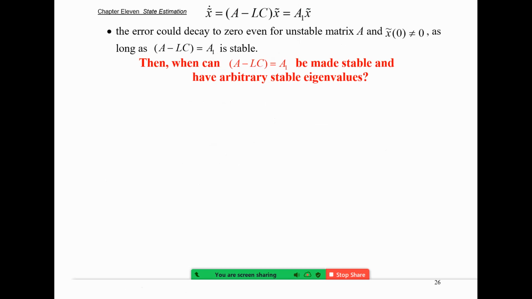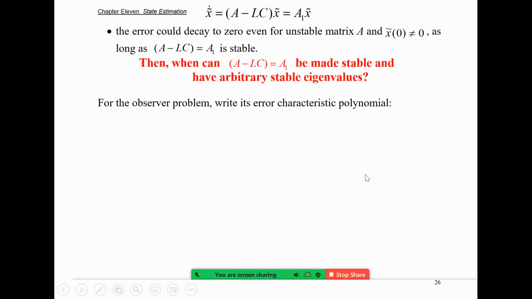Of course, the natural mathematical question is: when can we make this matrix A minus LC stable? Or even further, can we place the eigenvalues of A minus LC at any stable eigenvalues as we like?